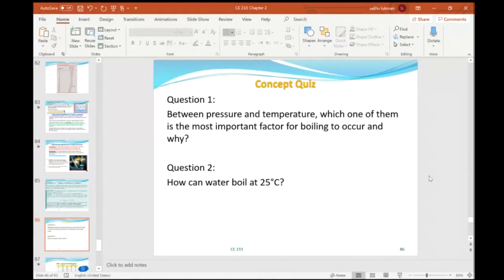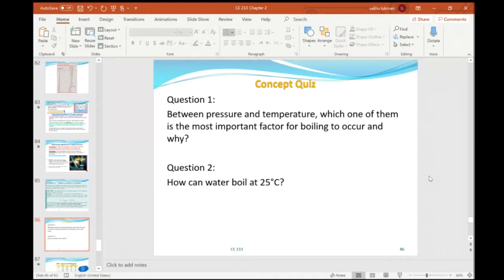Now, concept quiz: between pressure and temperature, which one of them is the most important factor for boiling, and why? Of course, we explained how the two play very big roles. So here, sincerely speaking, I can say both are equally important, because whichever one you control will affect the boiling temperature.